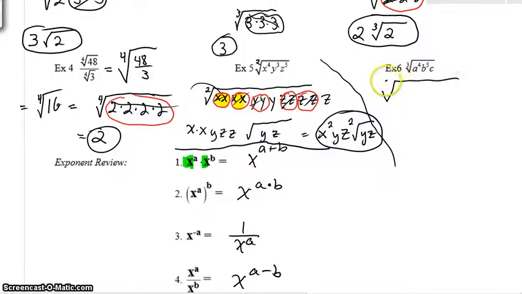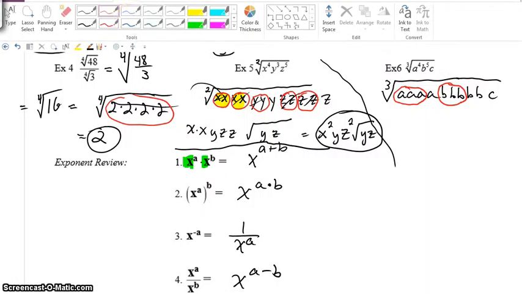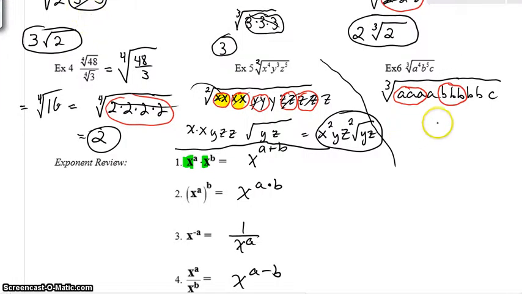Very, very similar kind of a setup, except now we have a third root. So I've got 4 a's multiplied together. I'm going to have 5 b's and a singleton c. And, you know, the third root, we pay so much attention to that. That's indicating, hey, look for 3 of the same term. And we've made a couple of circled forms here.